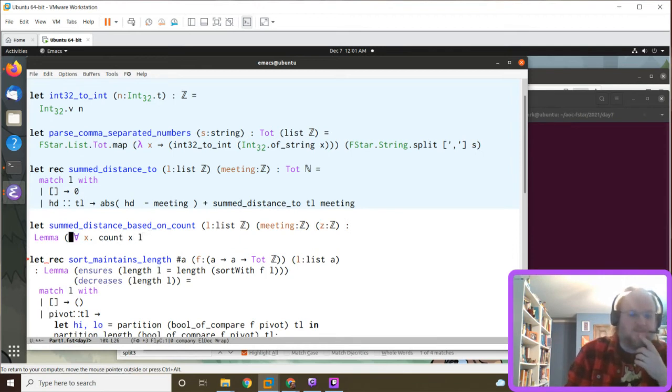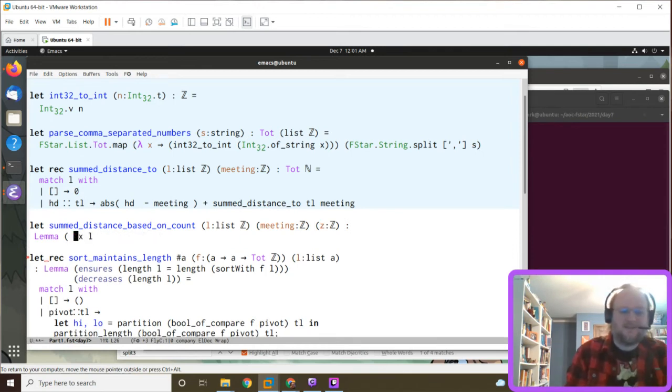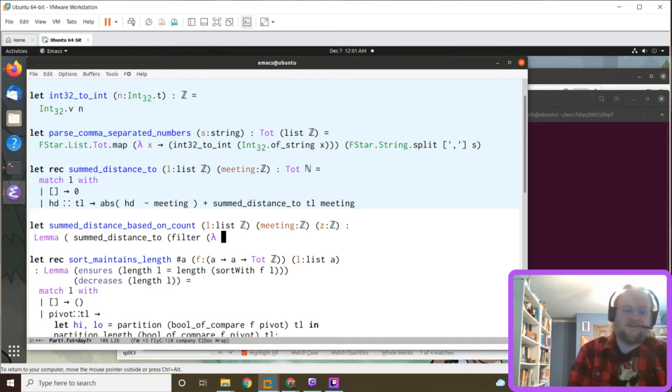This may be a false step, but it's something I at least believe I know how I can do. So what we say is summed distance 2 of filter. But that's going to be too hard to put the list back together.